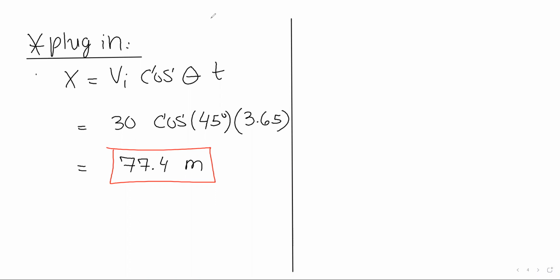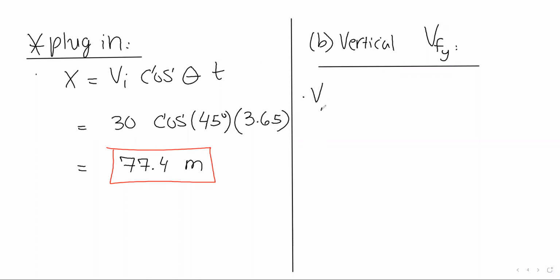Wonderful. So we used this one kinematic equation pertaining to x, and we used one of the kinematic equations pertaining to the y direction. Next, for part B, the vertical component of final velocity, we'll use a second out of our three kinematic equations that pertains to the y direction.